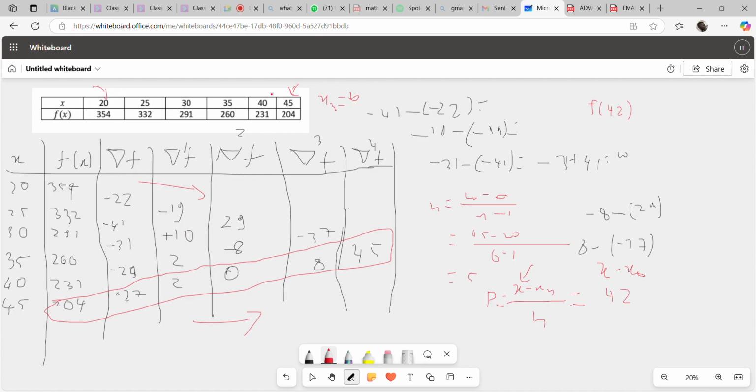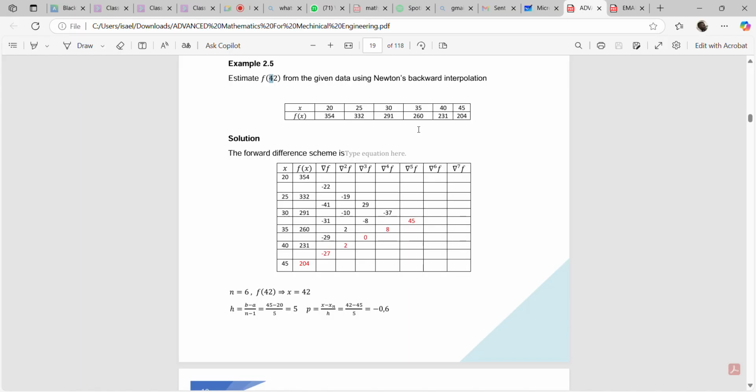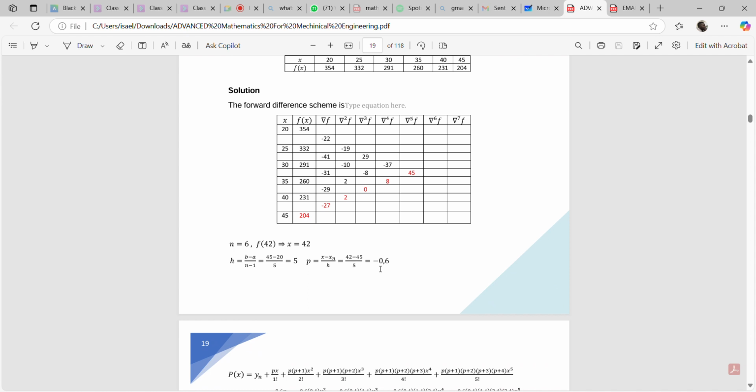Xn is the biggest value of the X here. So it is 42 minus 45 over H, which is 5. So what do we get as the answer here? It's supposed to be a negative answer, which makes it minus 0.6.